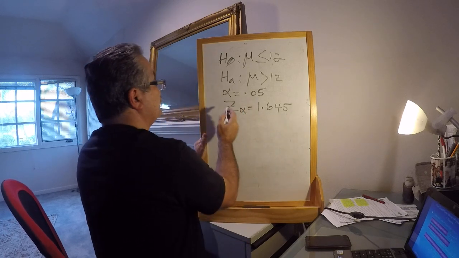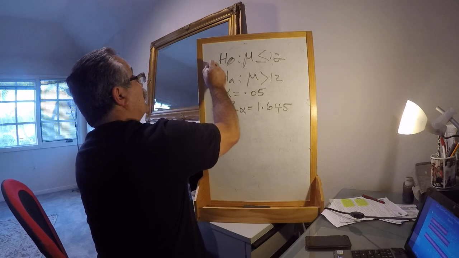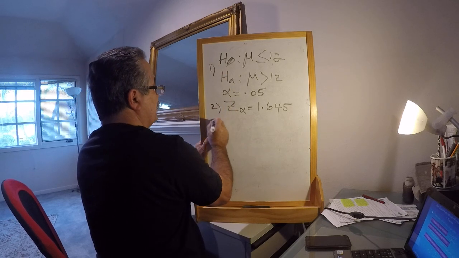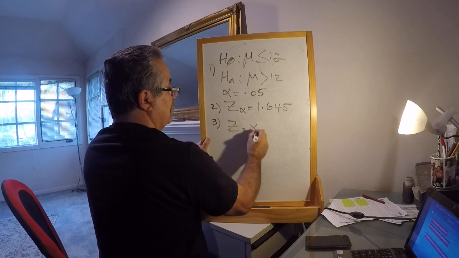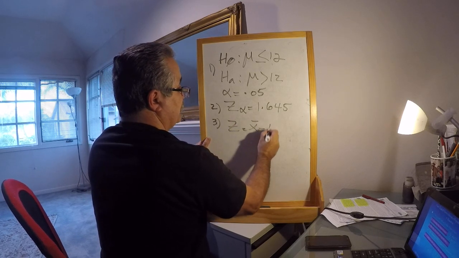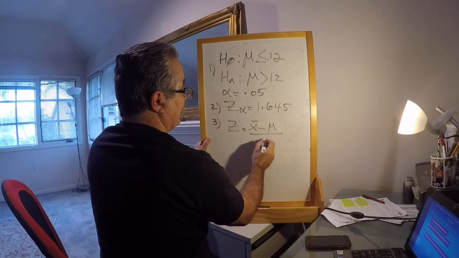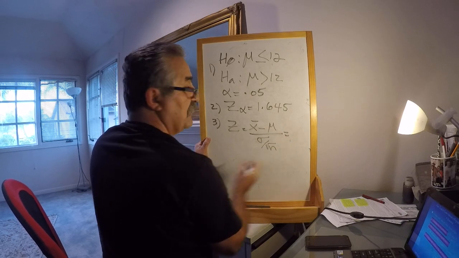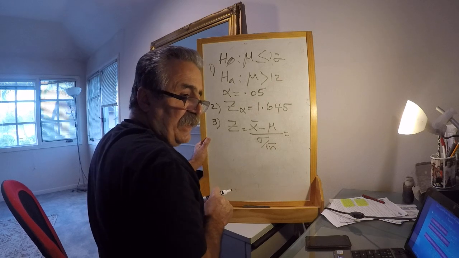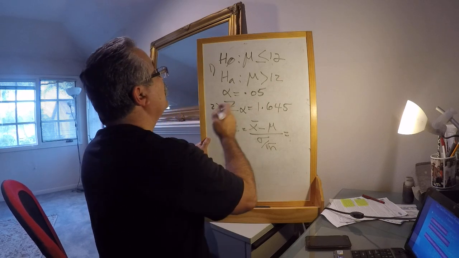Now we go ahead to step number 3, calculate the test statistic, X bar minus mu divided by sigma over square root of n. I think n was 40.